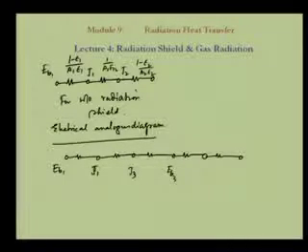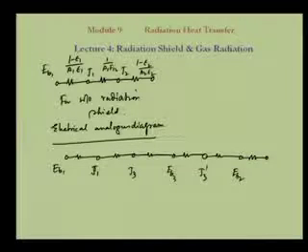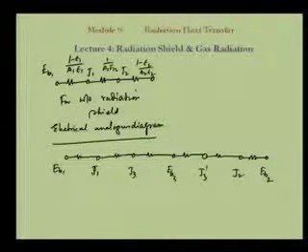Then J3 dashed, then J2, and then EB2. This is what is happening. So, we have 1, 2, 3, 4, 5, 6 resistances. Initially it was 3, and now 3 resistances have been added.